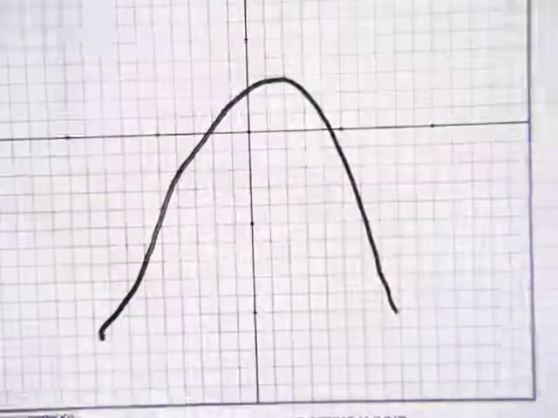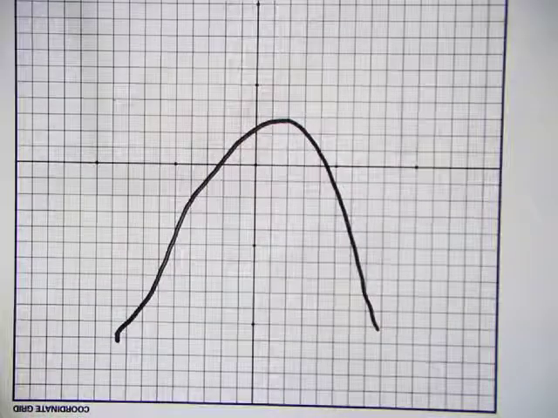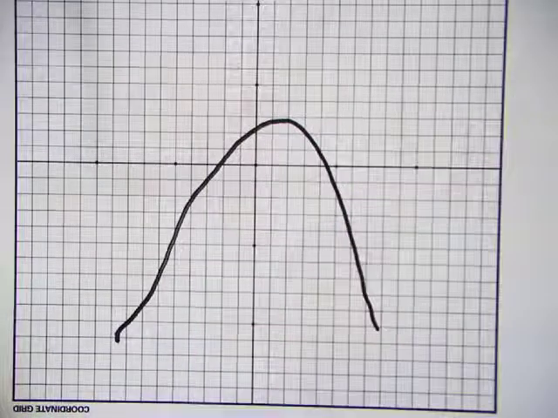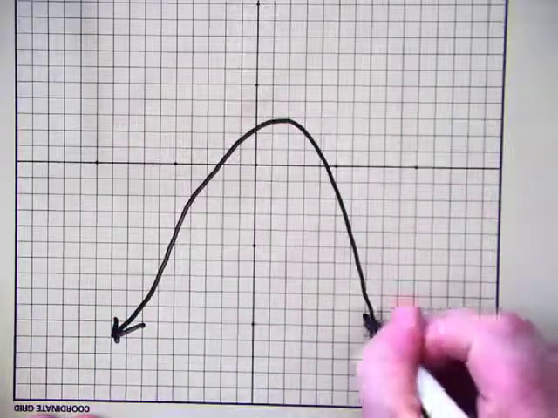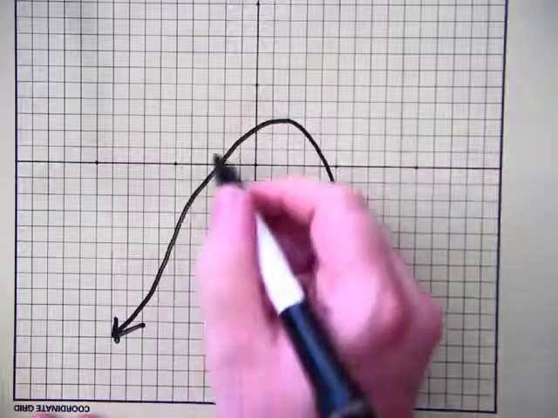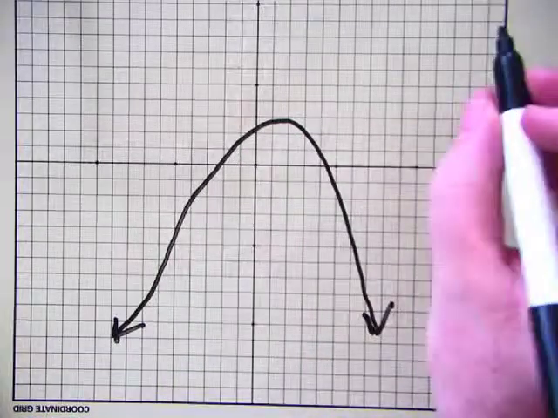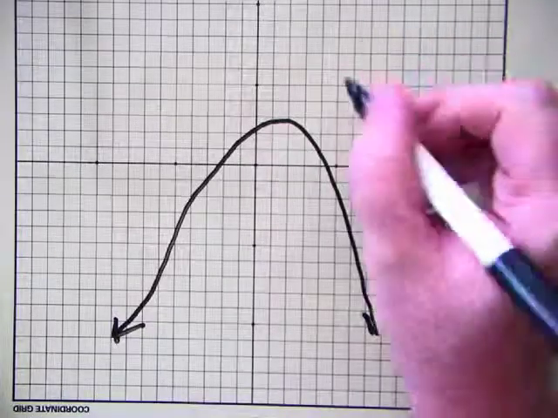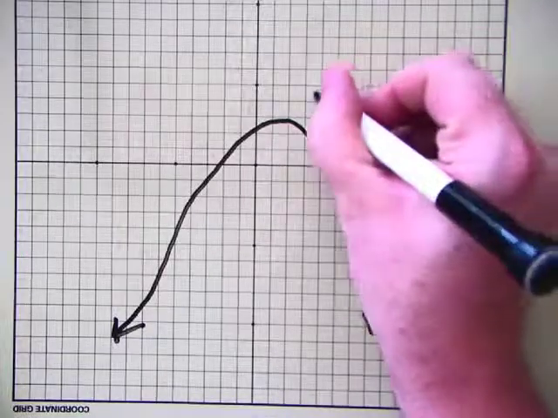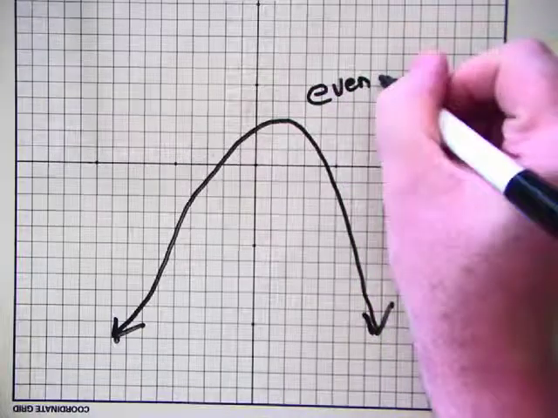Let's zoom out. Okay, increasing then decreasing. Now it could look like that. It could have a whole bunch of stuff in between, but think about it. Both sides are pointing down because it's increasing, then it's decreasing. Okay, so if both sides are pointing the same direction, then we see that it has to be an even degree.